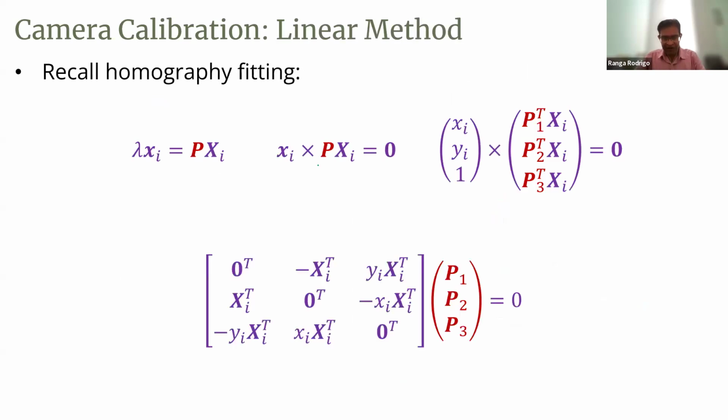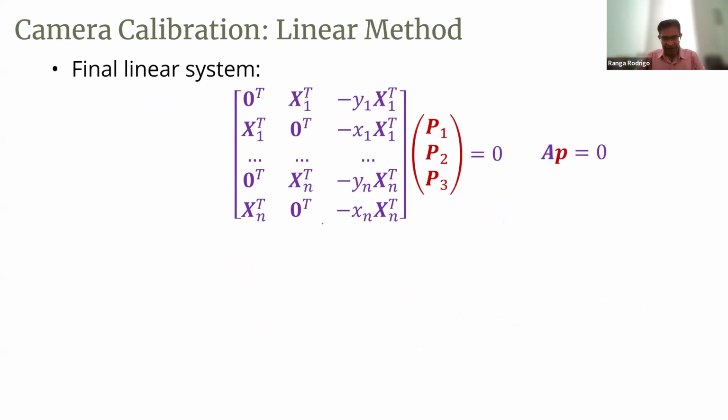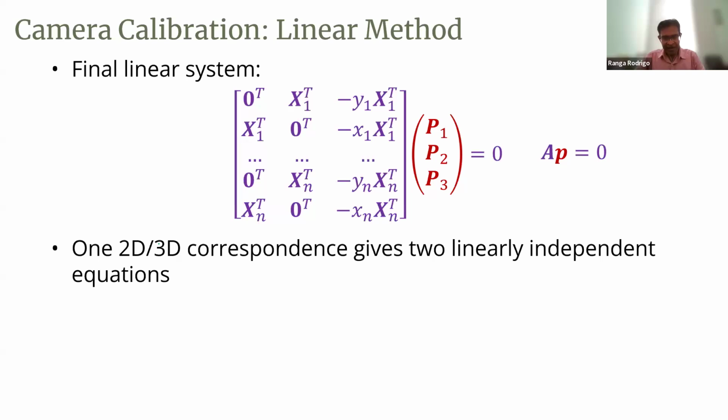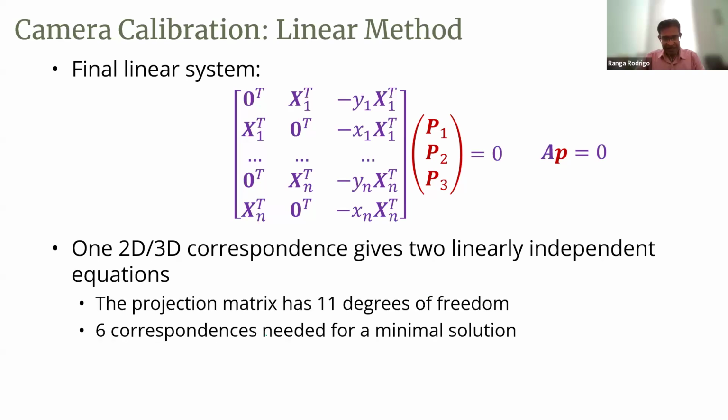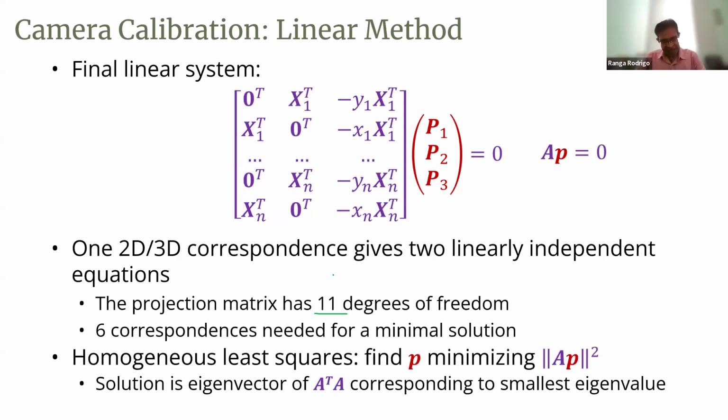In the homography finding, we got the cross product, as you remember. And similarly, to find the camera matrix also, we can find a similar equation. This camera matrix has 11 degrees of freedom because it has 12 numbers and 1 scaling factor. 6 correspondences are needed. Homogeneous least squares again.